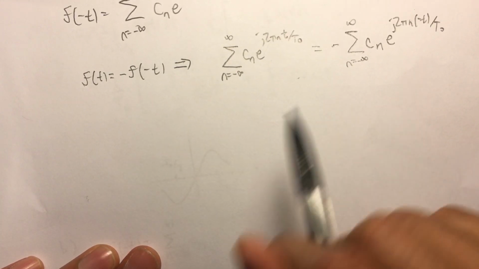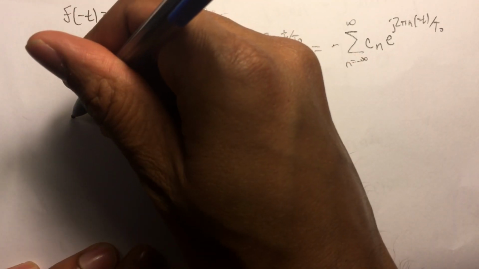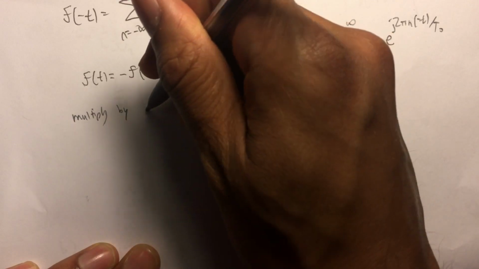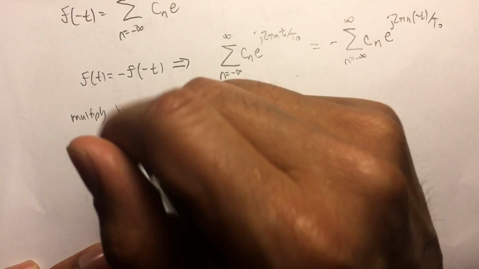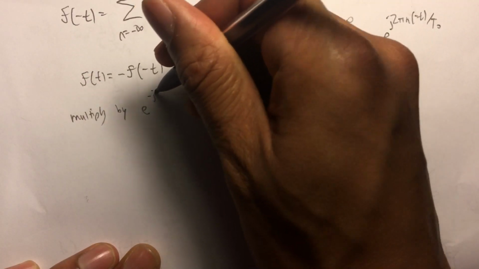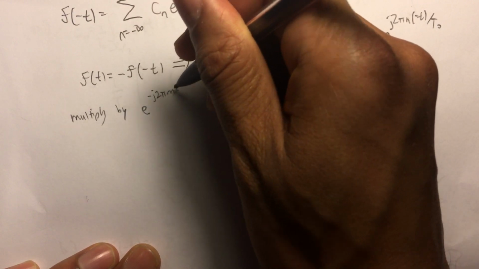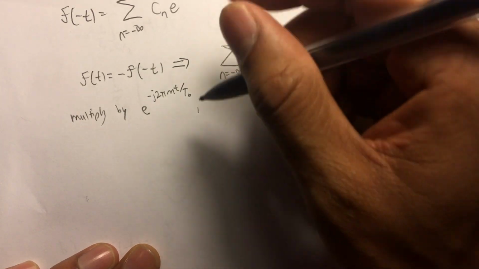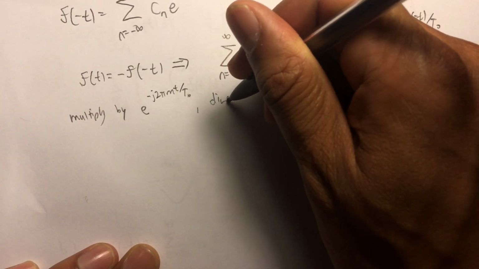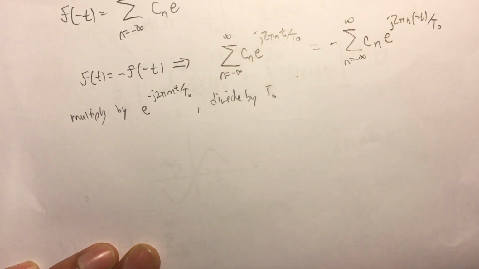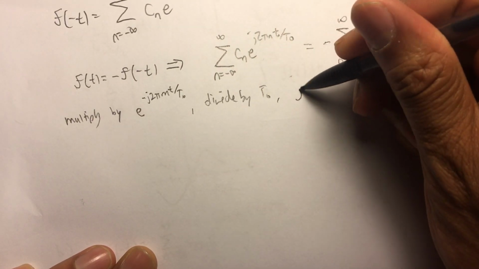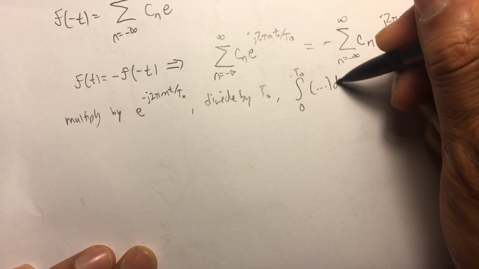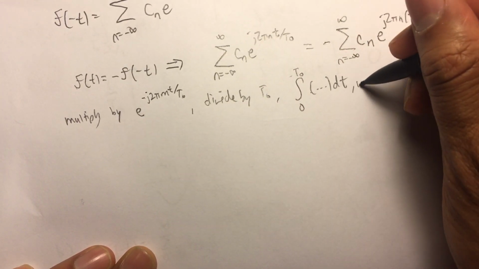And so the way we do this mathematically is we multiply by another complex exponential, let's say e to the minus j 2 pi m t over t naught. Divide by t naught, integrate over a period, and then we use orthogonality.